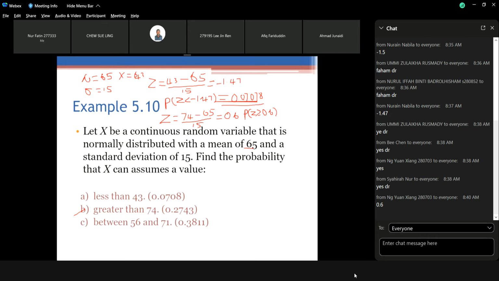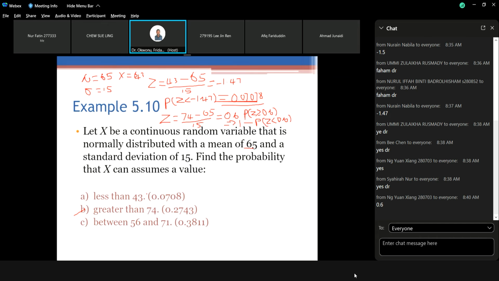Okay. So to write this, you will now write that this implies that 1 minus P of Z less than 0.6.